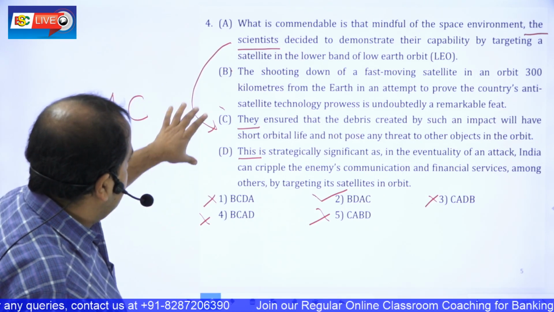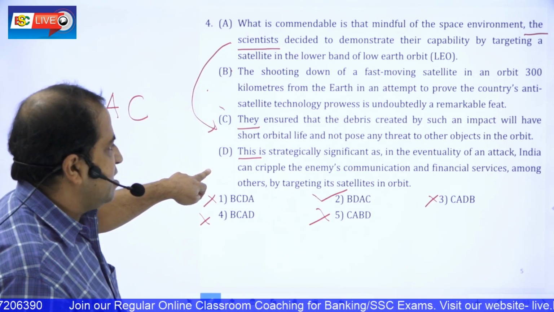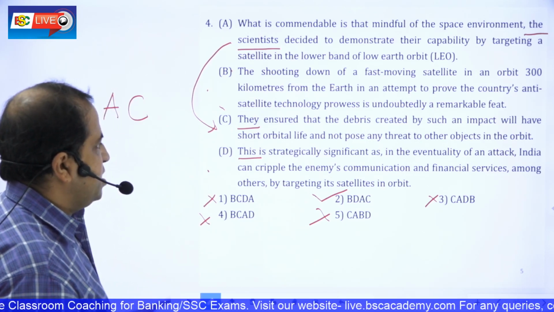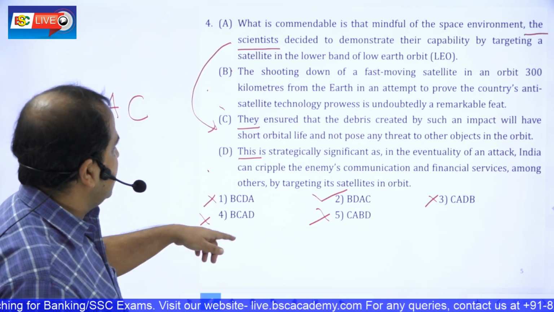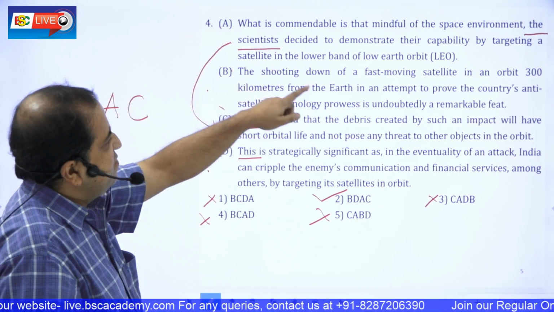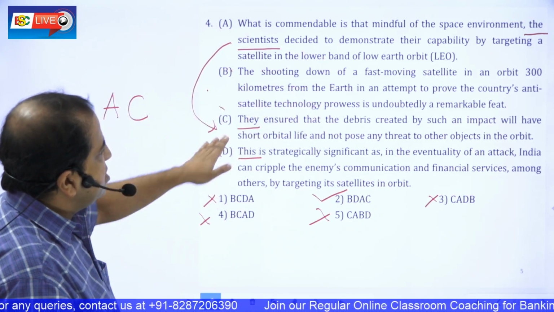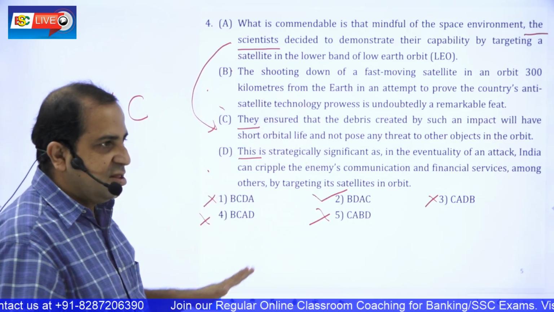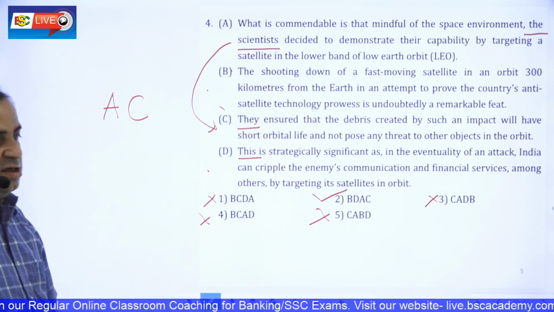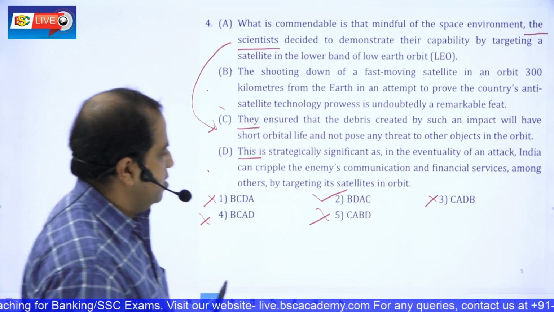So, अभी हम सेंटेंस को पढ़ रहे थे. बी डी, दिस इज स्ट्रेटेजिकली सिग्निफिकेंट as in the eventuality of an attack, India can cripple the enemy's communication and financial services, among others, by targeting its satellites in orbit. और फिर आगे ऐड करते हैं, what is commendable is that, mindful of the space environment, the scientists decided to demonstrate their capability by doing this, and they ensured that this. तो इसलिए अगर पूरी तरह से देखें तो ये BDAC बिल्कुल सही बैठता है. And so our answer is 2, as already told by Rajan Signam.